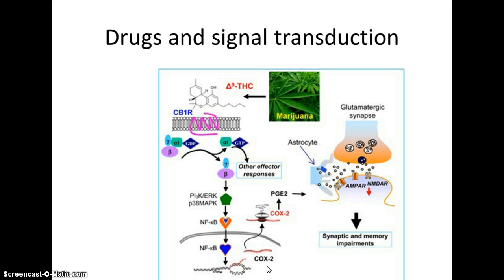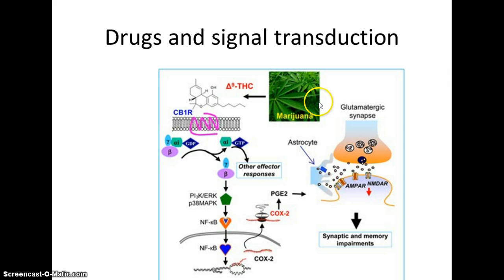COX-2 then is made and then allows for this protein channel to form, which then binds and blocks this synapse where you have glutamine being released between the end of one neuron and then to this dendrite of the next one. And because of this blocking of these channels, it has the effect of slowing down or impairing memory.